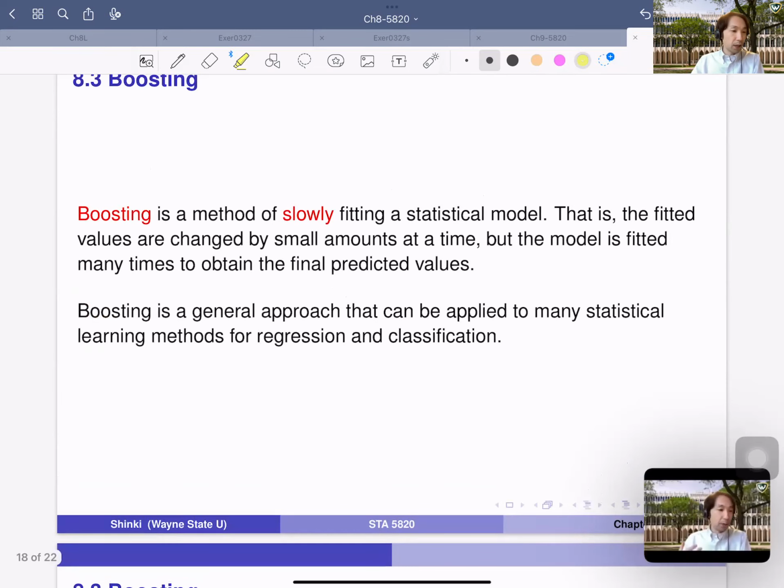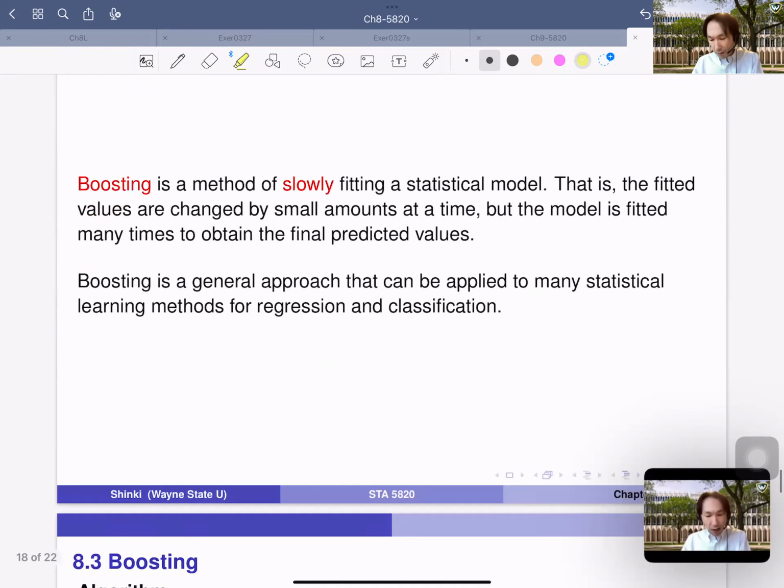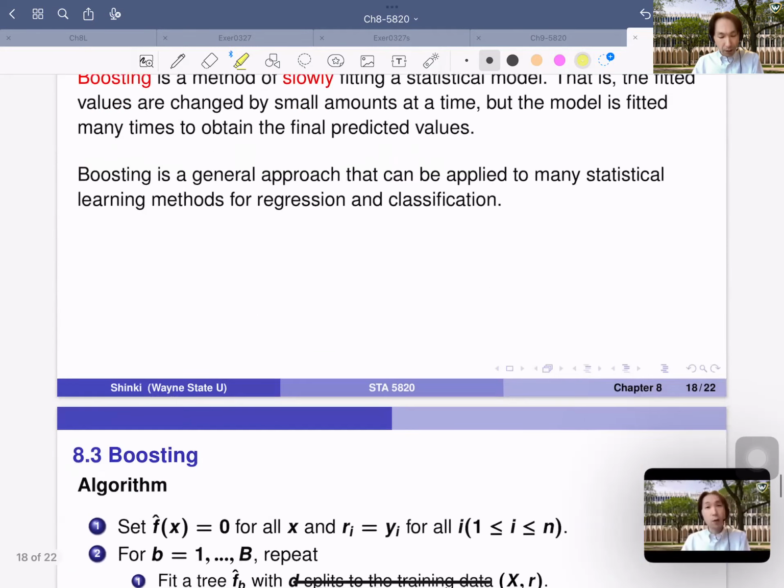We make some model and we reflect part of the model result into our model. Then after that, we think about the residual of that model, and we fit the residual on the predictors, and again. So boosting is similar to bagging or random forests in the sense that we make many trees, but boosting is more sequential.